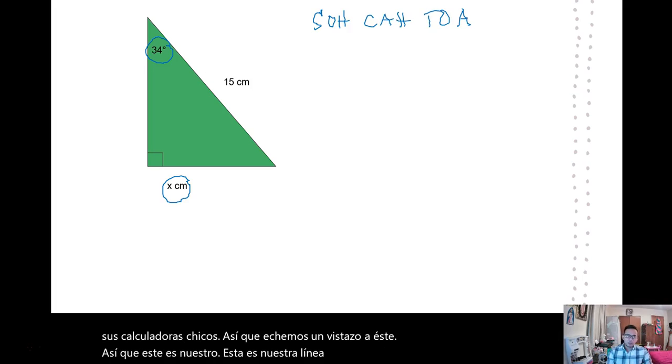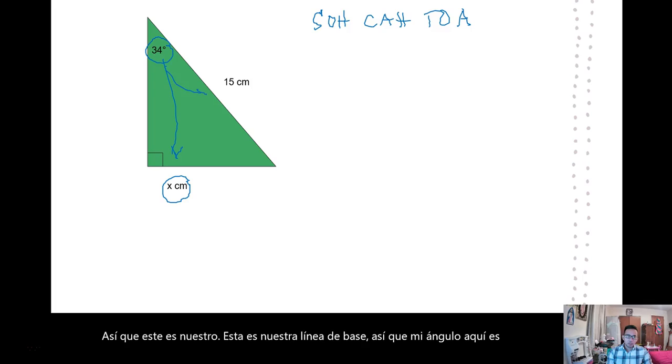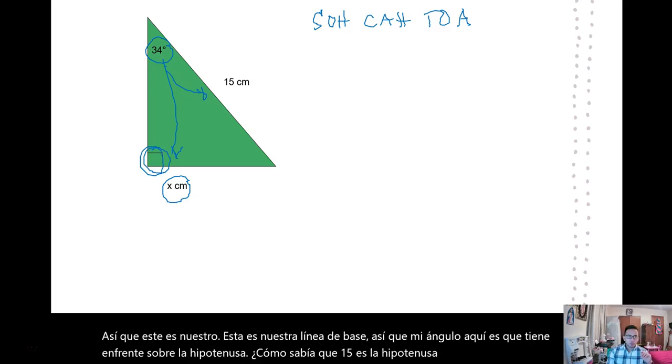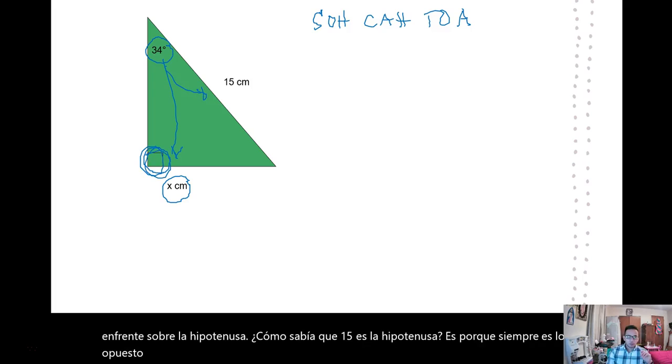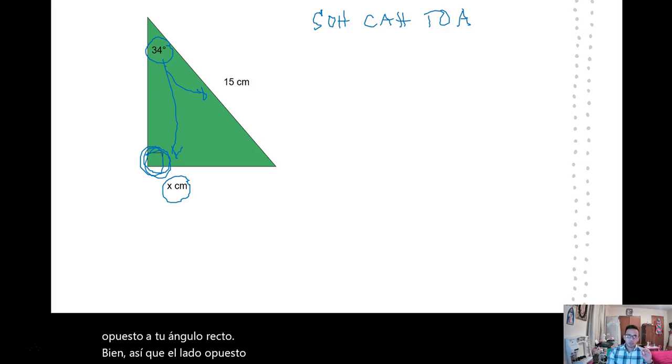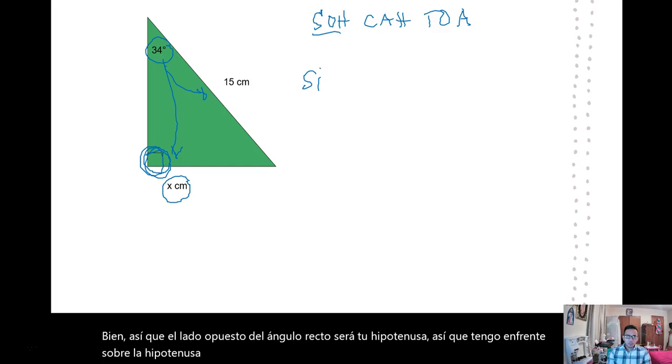My angle here has the opposite over the hypotenuse. Mister, how did you know that 15 is the hypotenuse? It is because it's always opposite your right angle. The opposite side of the right angle will be your hypotenuse. So I have opposite over hypotenuse, and that's sine, so I'll be using sine.